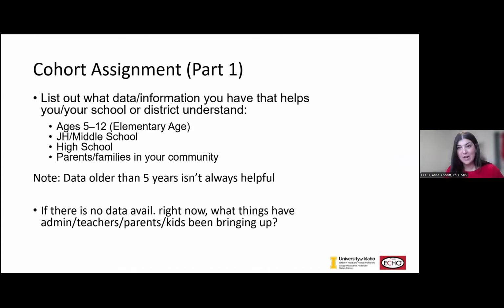So if you have newer data, newer is usually better, not always. And if there's no data available right now, right, we all start where we start and we go from there, and that's fine. But you can always start with what things have your administration, your teachers, your parents, or your kids been bringing up in high numbers, right? So not what did one squeaky wheel bring up, but what are the things you're hearing over and over again that are demonstrating, say, at the very least, people are perceiving that this is an issue. Next slide, please.